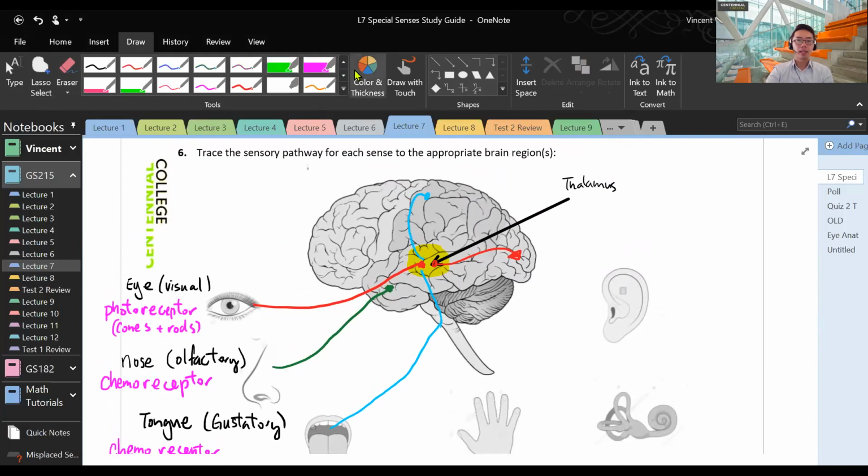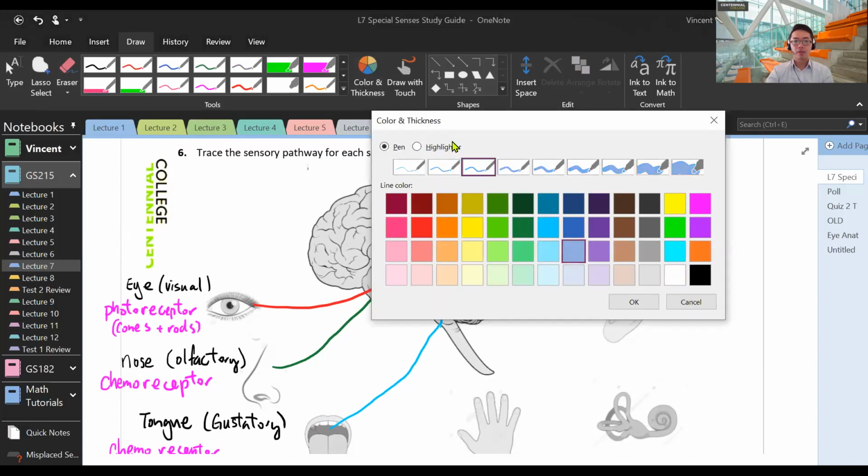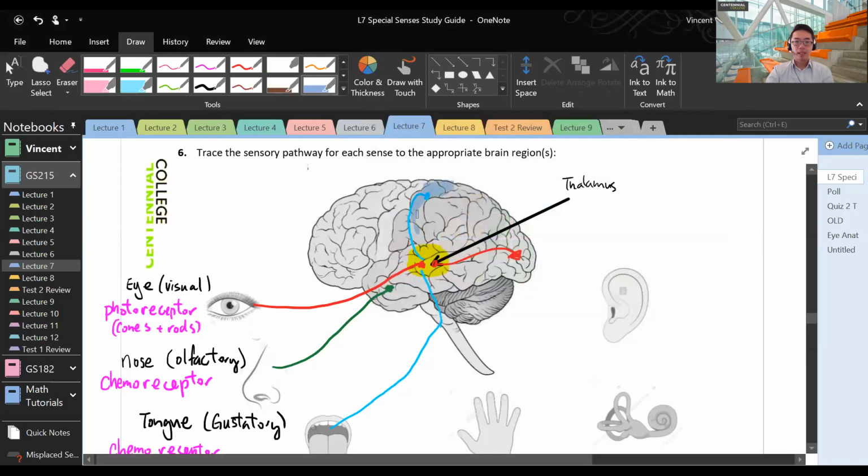That part is the primary somatosensory cortex. I'll label that for you. This is primary somatosensory cortex. That goes right there.